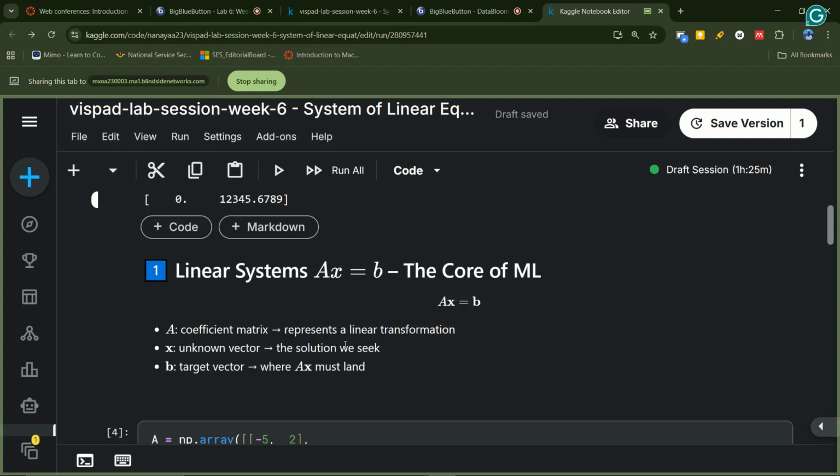So as usual, AX equal to B. A is the coefficient matrix. It represents a linear transformation. X is the unknown vector, the solution we are looking for. And B is our target vector, where AX must land, if you remember from last week's lectures.